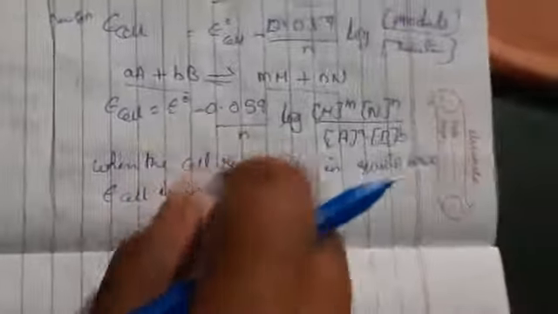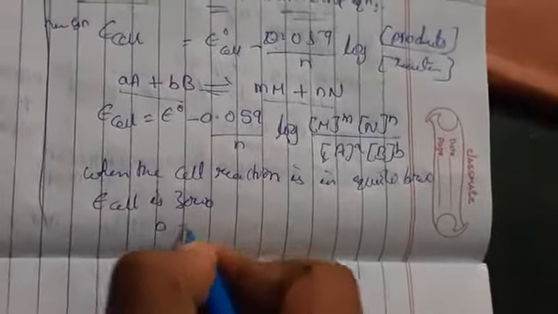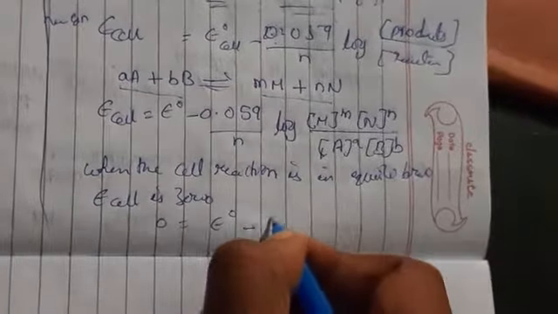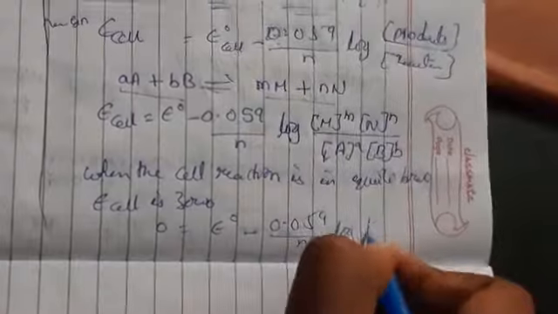So then what about this equation? 0 is equal to E naught minus 0.059 by n log Kc.